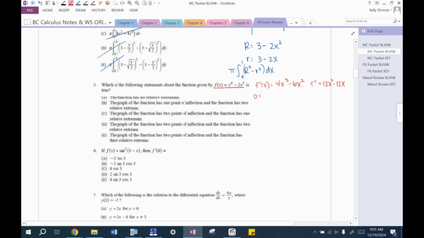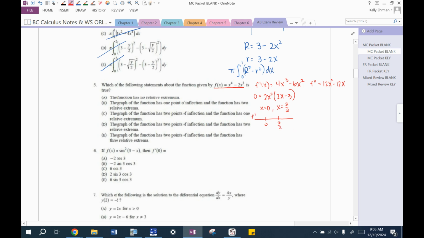So let's first find relative extrema. I can factor out a 2x squared, and that would leave me with 2x minus 3. x equals 0, x equals 3 halves. Remember, these are just critical numbers, so we would need to plot them on a number line and see what's happening with f prime.